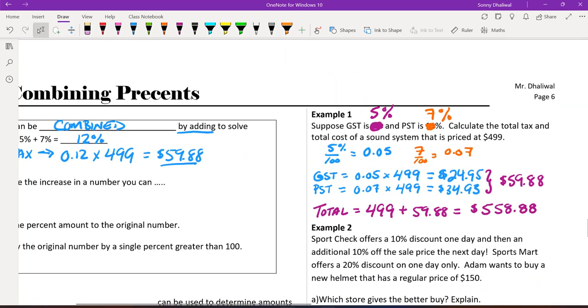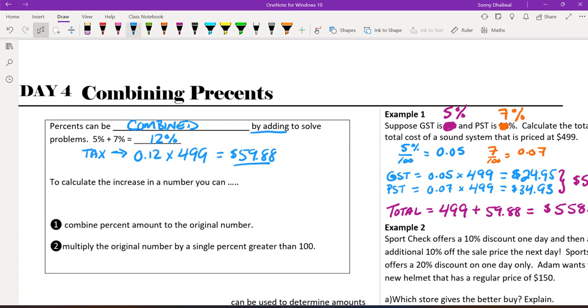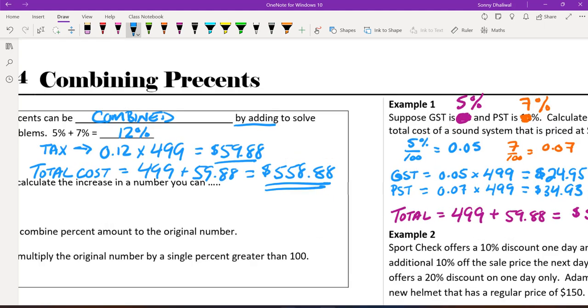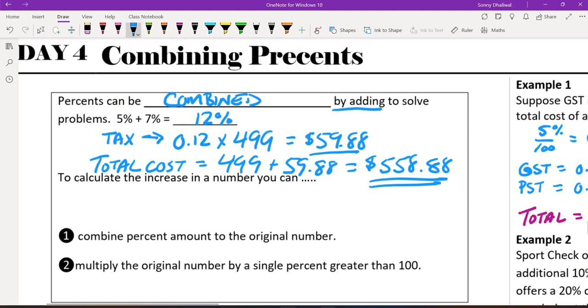Okay? So then if you want to find your total cost, we go our 499 plus our 59.88, and we get our $558.88. The same thing. Okay?